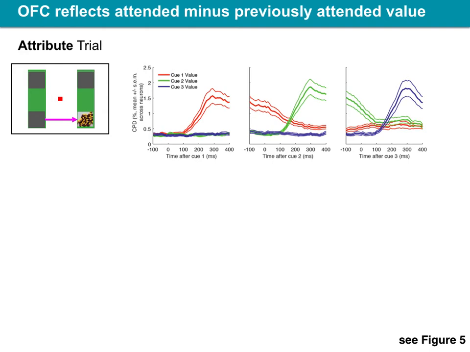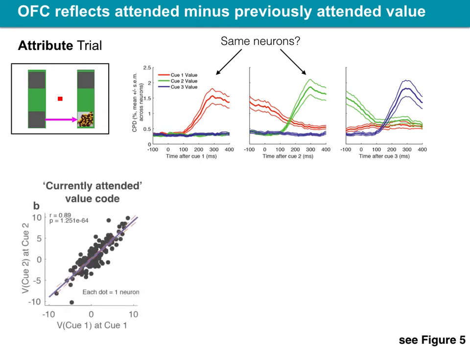Okay, so what we can then ask is whether the neurons which are responding to the presentation of the first cue, which are reflecting the value of a first attended cue, are also the same neurons at the second cue that respond to the second cue's value. And that's what's shown in figure 5b.